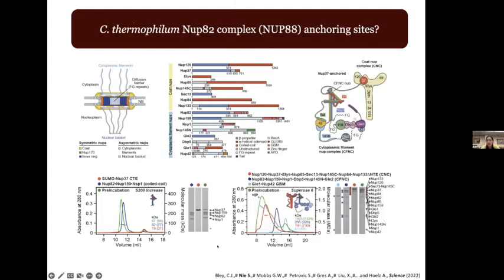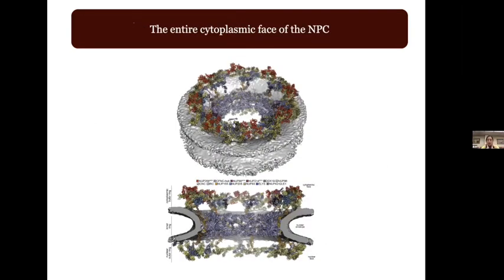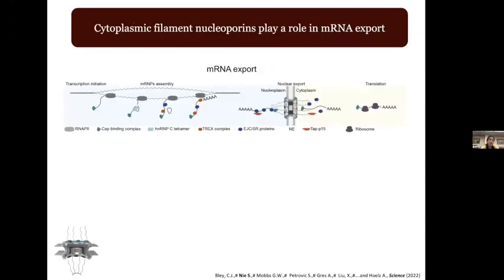This interaction could bring the cytoplasmic filament to the nucleoporins. At this stage, all our biochemistry and structure studies established the entire structure for the cytoplasmic face. Next, we wondered what the function of this cytoplasmic filament is.